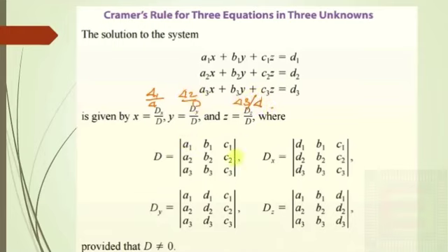is this determinant of the coefficient matrix. Here you can see that the determinant of the coefficient matrix will be given by A1, B1, C1, this determinant. And delta 1 is obtained by replacing the first column with this column matrix. This column matrix D1, D2, D3 is substituted here in order to evaluate dx or delta 1. Similar is the case with dy or delta 2.